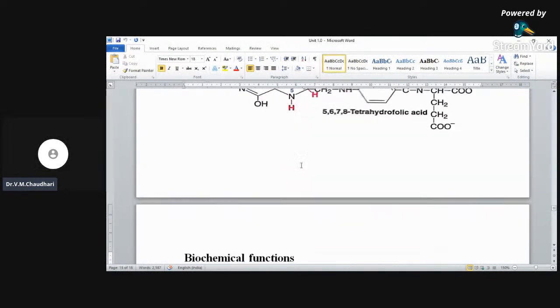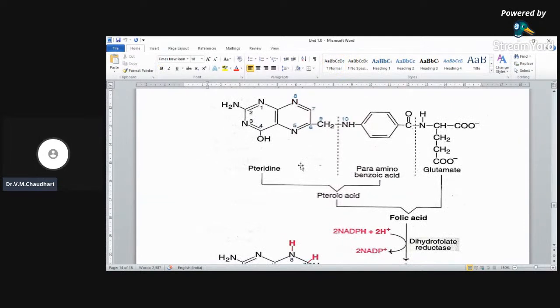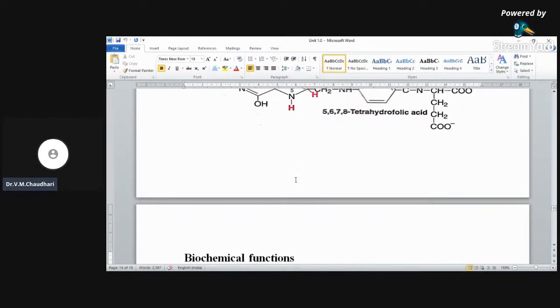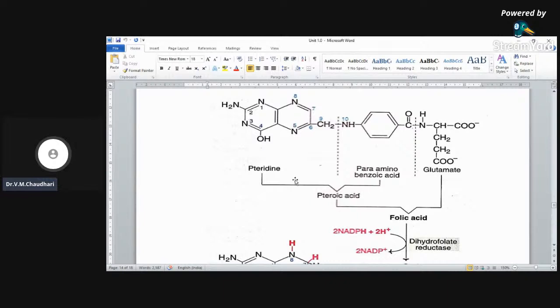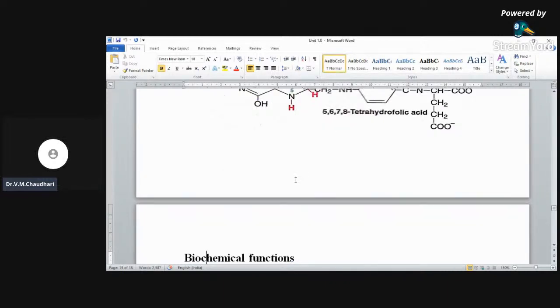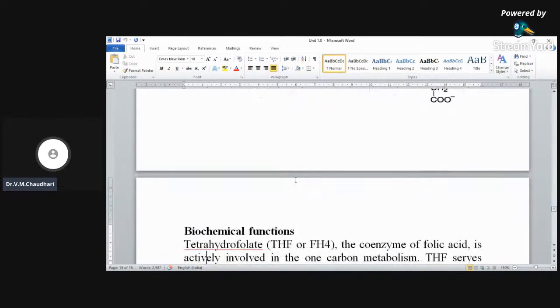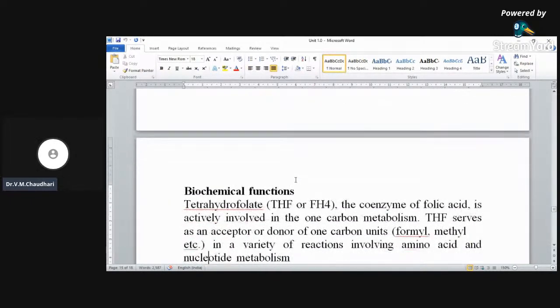So, do you get where this binds? The methyl group or formyl group binds to either the 5th position or the 10th position to form methyl tetrahydrofolate or formyl tetrahydrofolate. Like this way it is involved in one carbon metabolism.